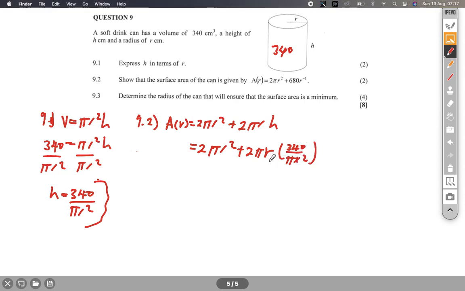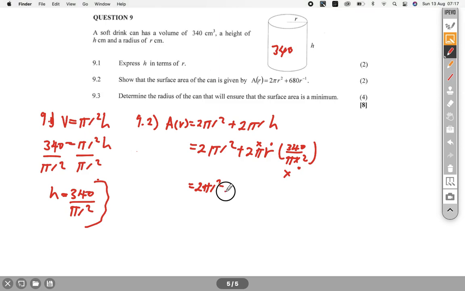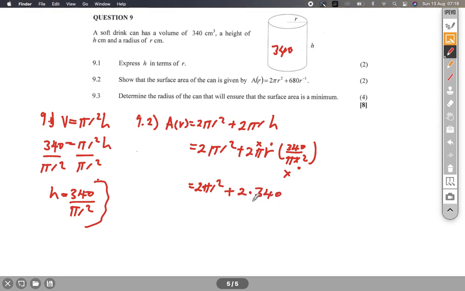Now what I want you to notice is that this pi over here will cancel out with this pi over here. And there's one r over here, which will cancel out with one of the r's over here. So bear that in mind. So we will have 2 pi r squared plus 2, and since the pi's cancel out, we will have 2 times 340, and then only one r would be left.